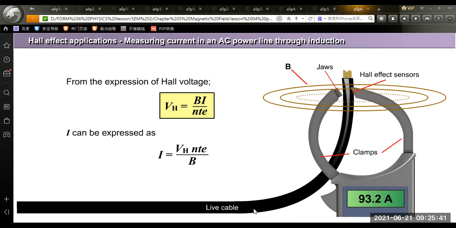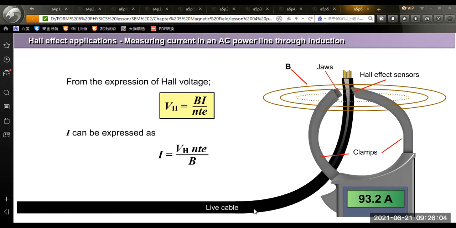We measure the Hall voltage without spoiling the meter, without spoiling the wire, without cutting the cable. We can also determine the current flow in the cable.